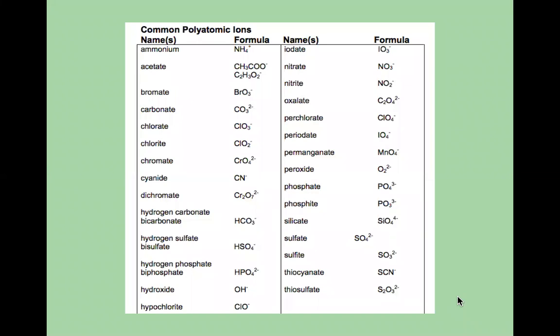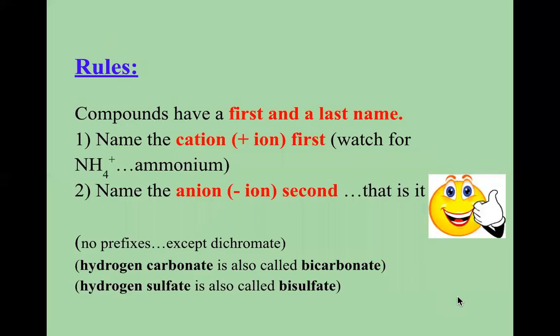So when we work on these polyatomic ionic compounds, make sure that during the class you have this list so that you know the ions and their charges. I hope you have the list with you at this time. So keep the list by your side, and we are going to use the list when we name.